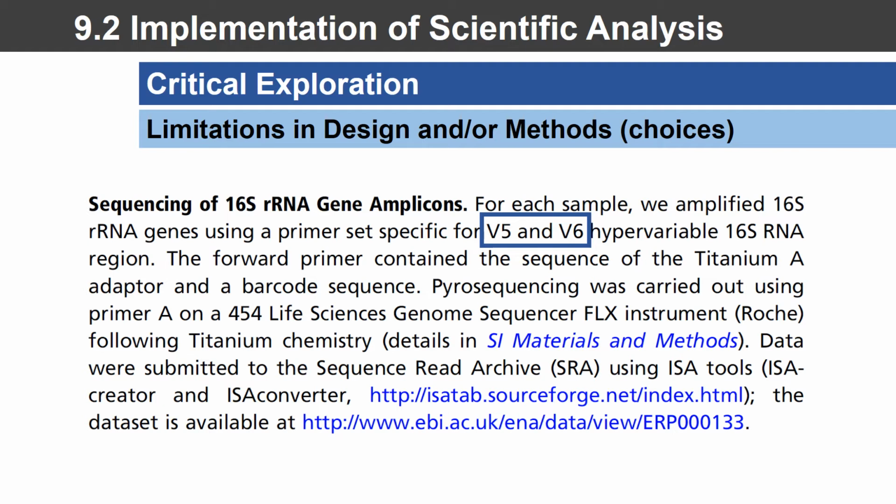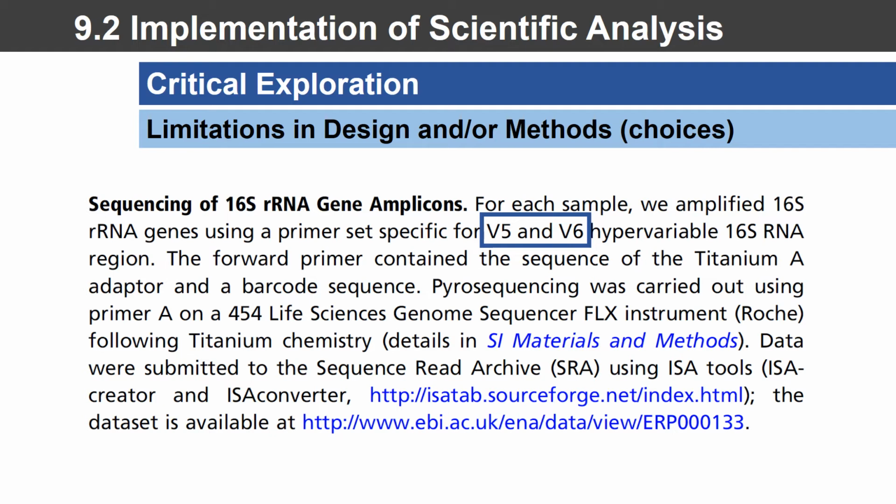Now, this paper was published in 2010, and fast forward now to today, and there is another way you could do the sequencing analysis for microbes, and particularly for bacteria, and that is to do a whole genome approach by something called shotgun sequencing. The main difference between the 16S and the shotgun is that in the 16S approach, we're again targeting barcoded regions within one part of the bacteria chromosome.